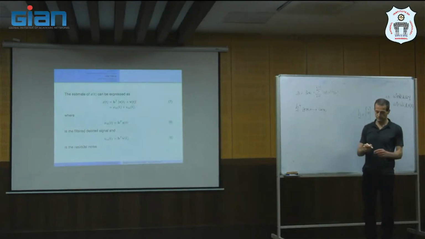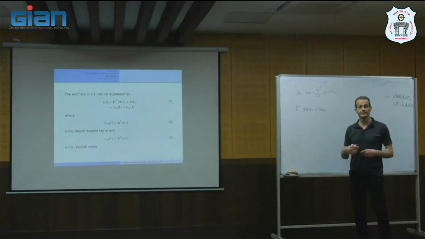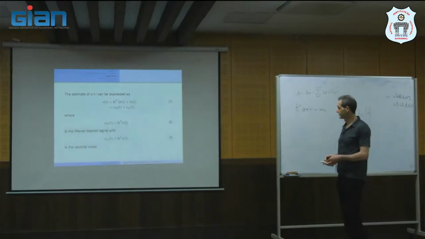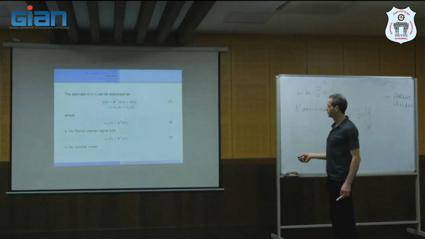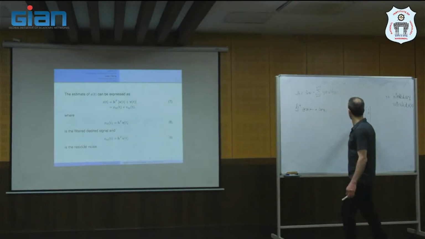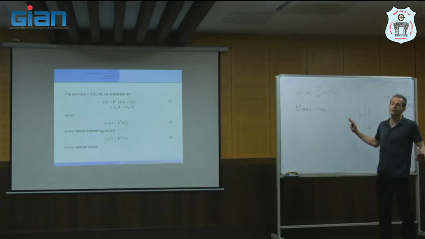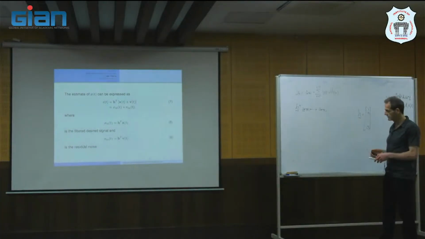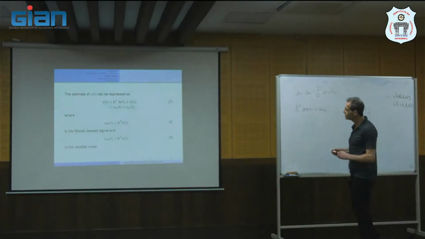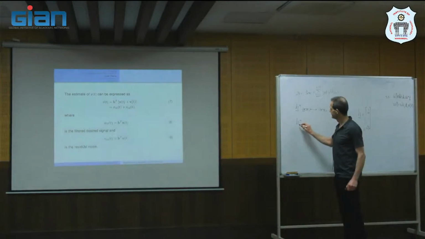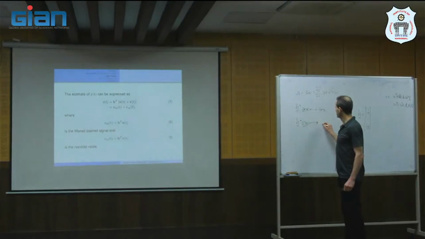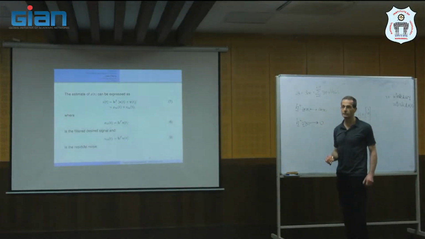So we have an undistorted signal that is estimated. But we will have all the noise of the original signal. It's like we didn't do anything with this filter. We just take the measurements as is without reducing the noise. So we want also the residual noise to go to 0 as much as possible.